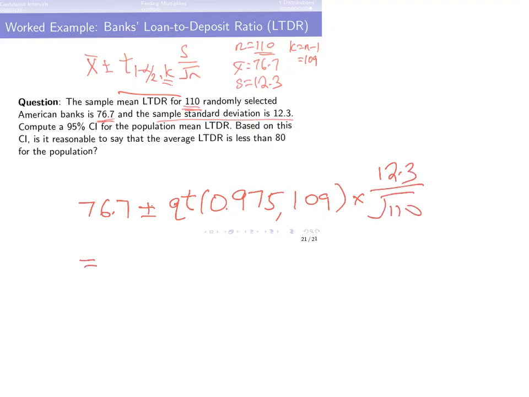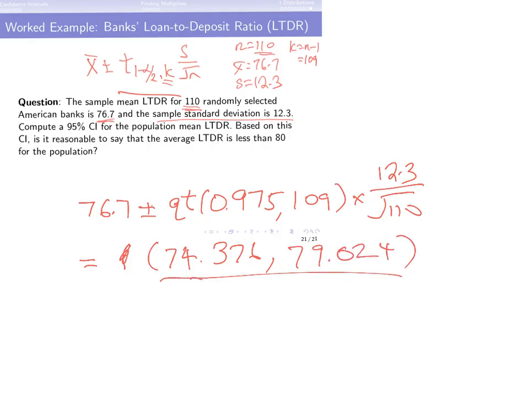If you work this out numerically, this should give you a lower bound of 74.376 and an upper bound of 79.024. So we're pretty sure that the true population mean LTDR, loan to deposit ratio, is between these values.